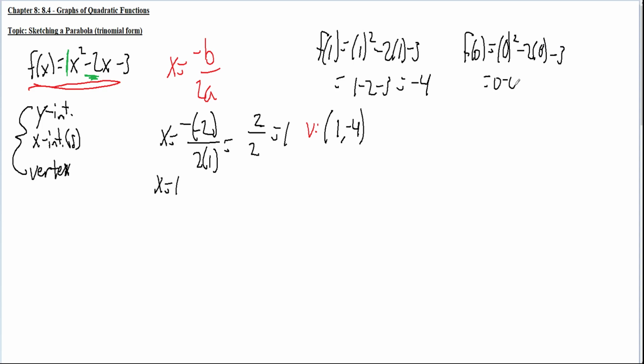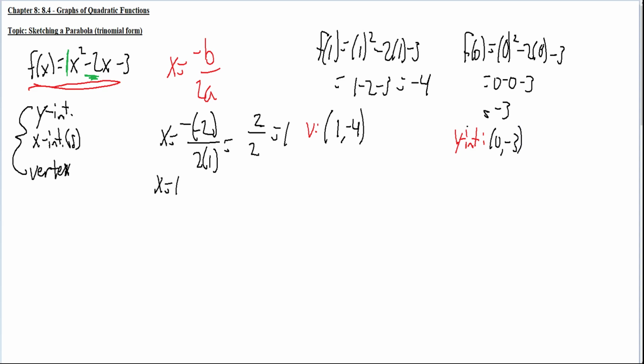This is 0, and this is 3, so our y-intercept is negative 3. Let me write that in red. We have our y-intercept, which is (0, negative 3).